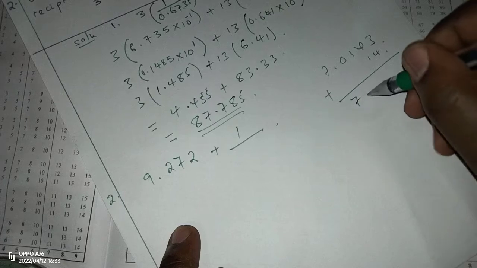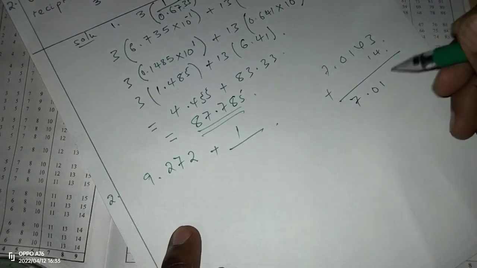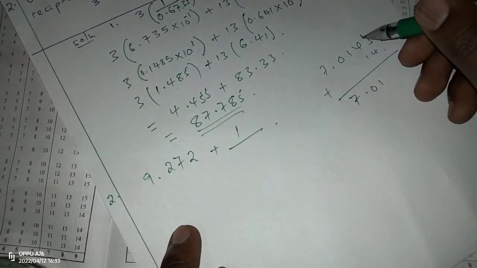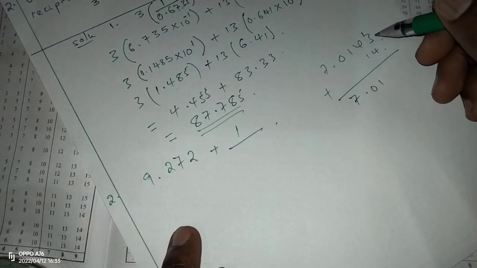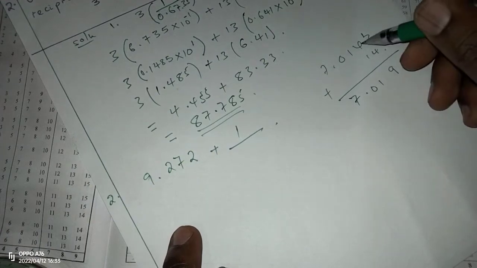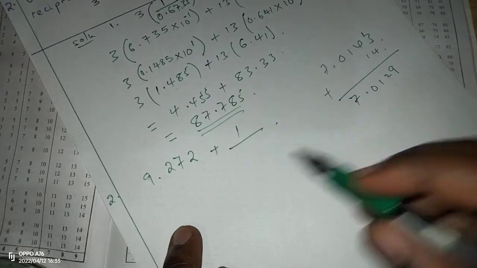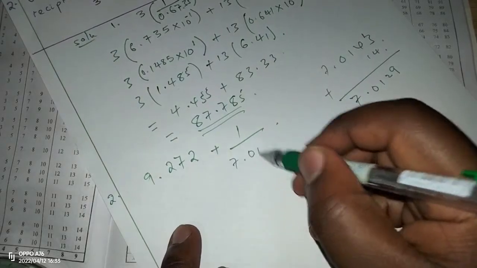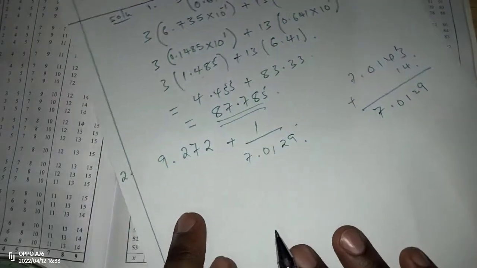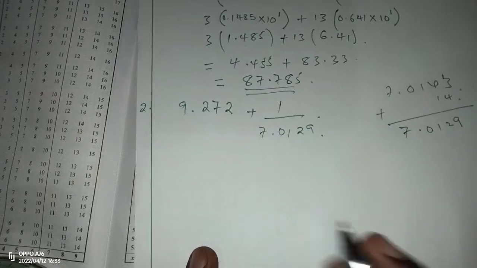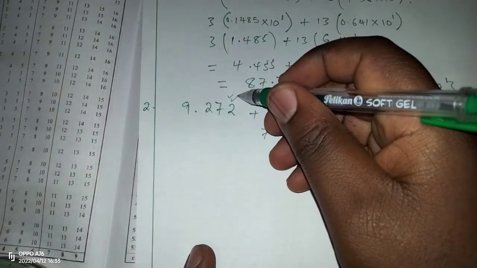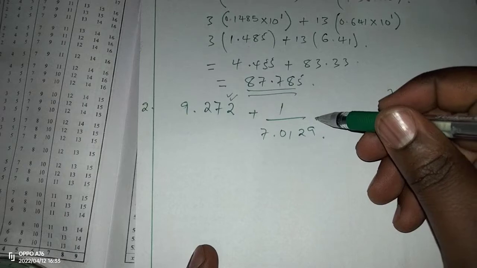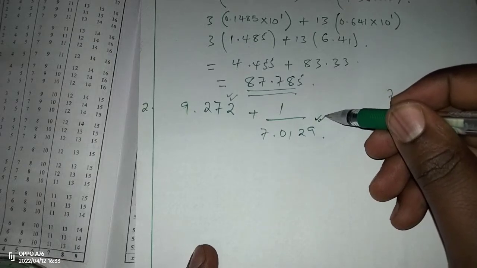So that this becomes 7.01, this has to become 13, so that we get a 9. This one is 3, so we get a 2. So we have 7.0129.